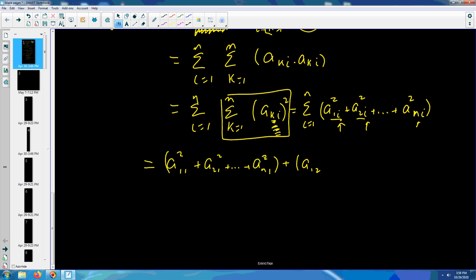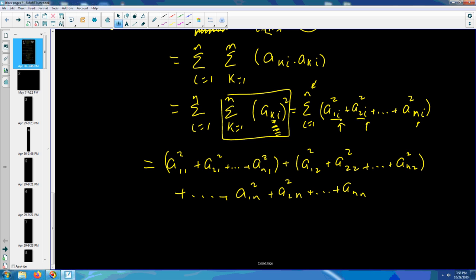So I get A12 squared, A22 squared, all the way up to AN2 squared, and so on, all the way until I is N. So I get A1N squared plus A2N squared, all the way up to ANN squared.